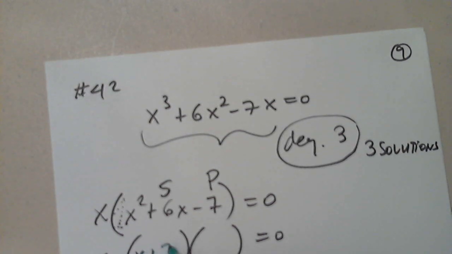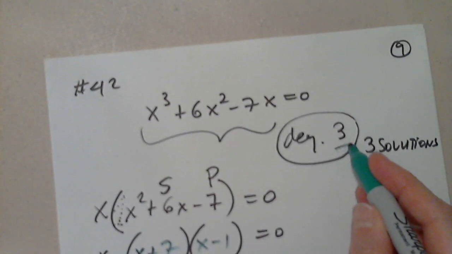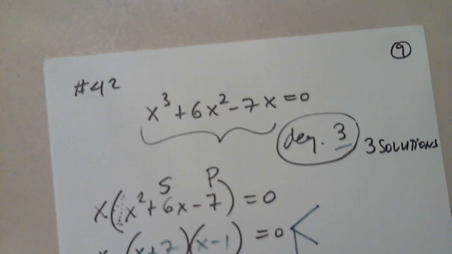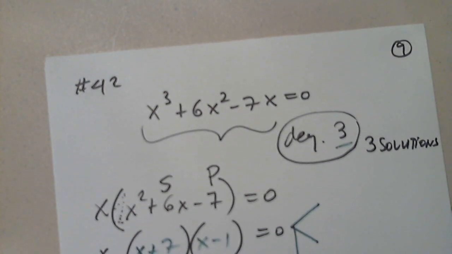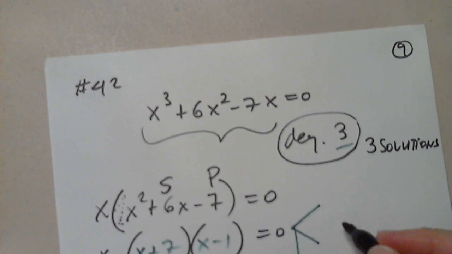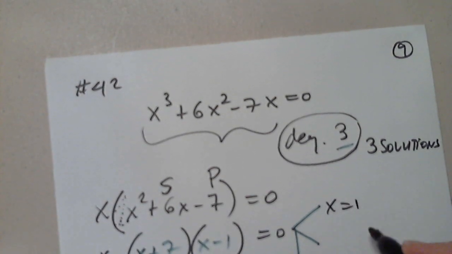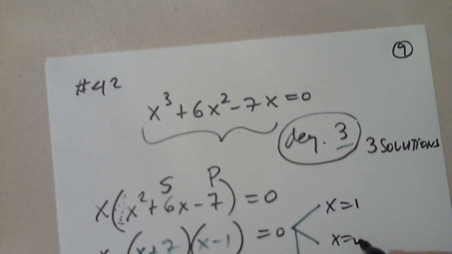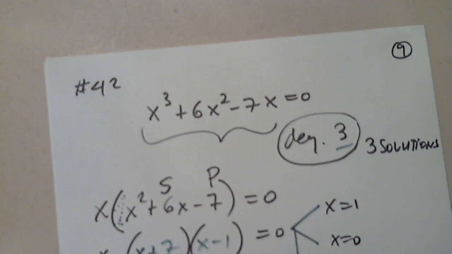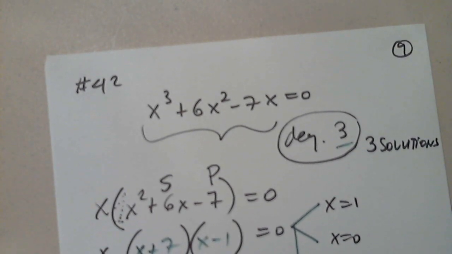X plus 7, x minus 1. Thank you very much, very good. Can anyone give us the 3 solutions here? Positive 1, negative 7, 0. Yes, 0 from here, positive 1 from here, and negative 7 from here.